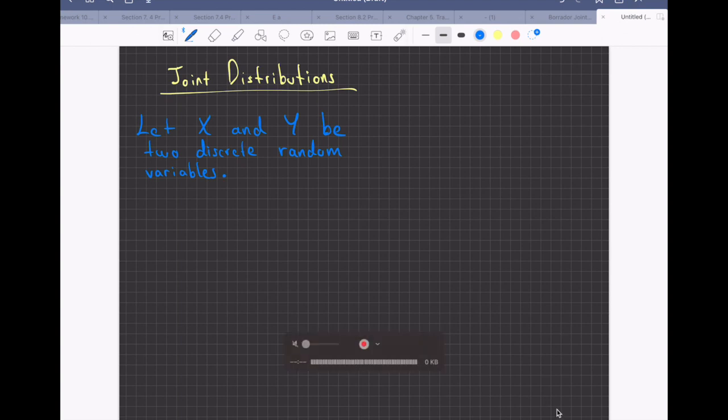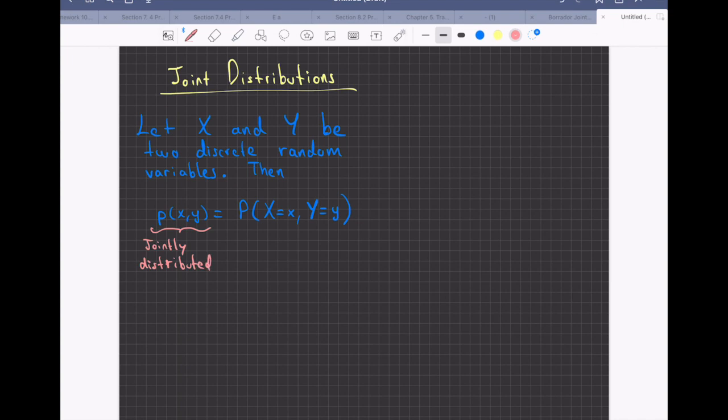Then we defined p of x, y that is equal to the probability that the random variable X is equal to lowercase x and that Y is equal to lowercase y. And this is called the jointly distributed mass function.